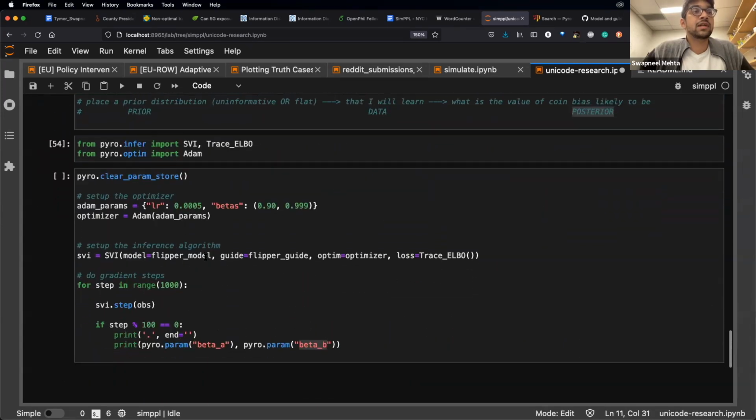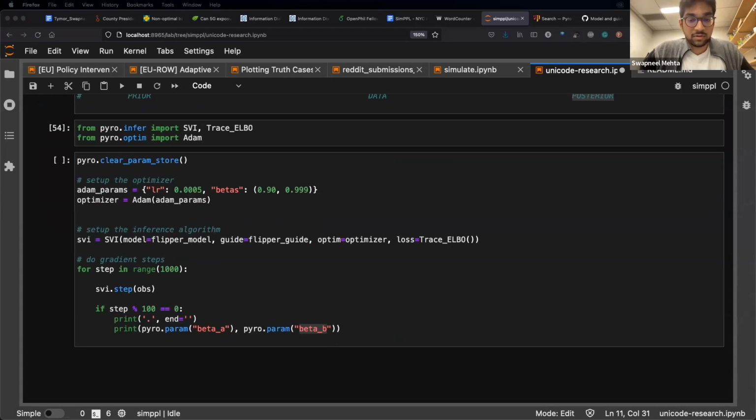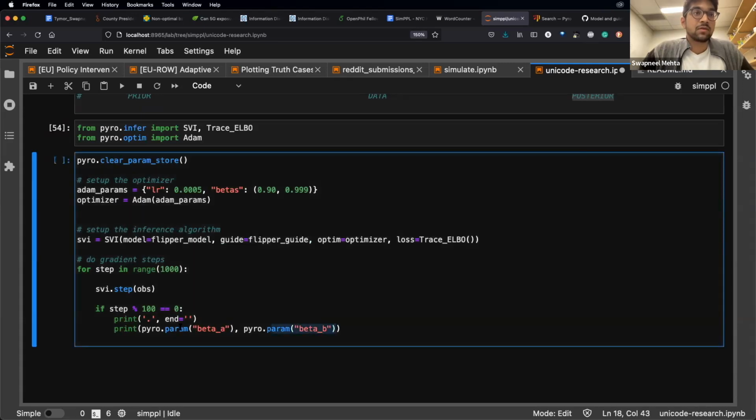Let me print the value of coin bias. So don't worry about what this looks like.